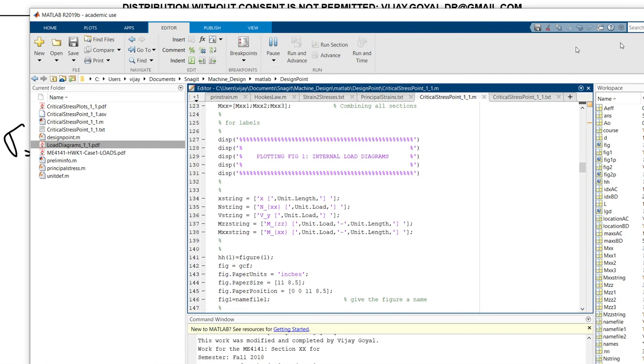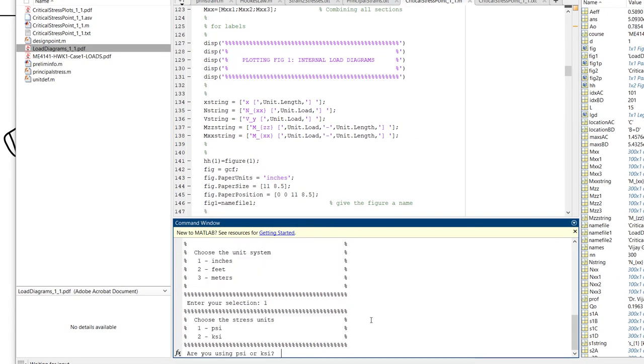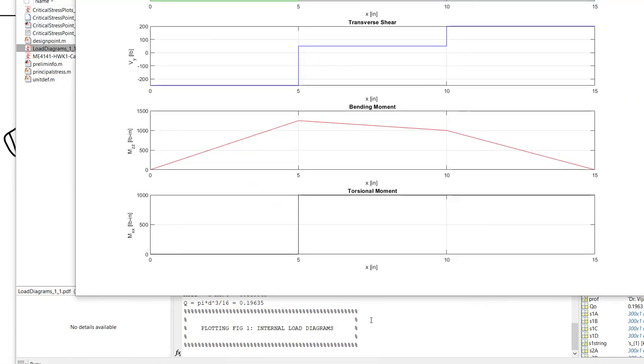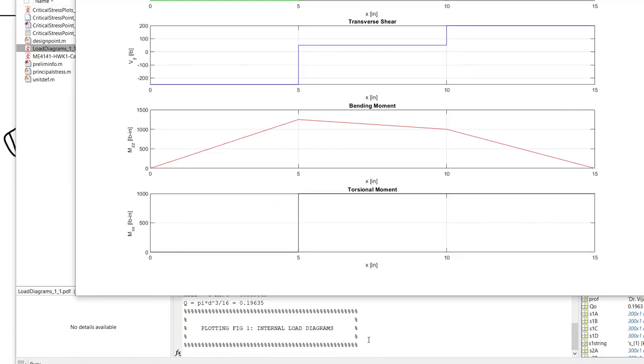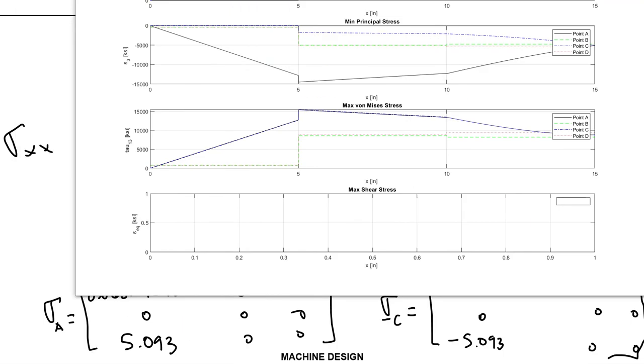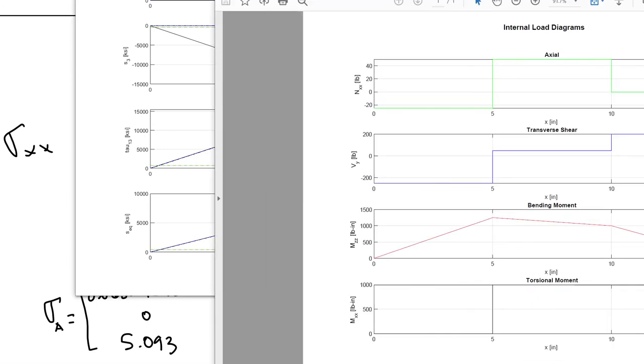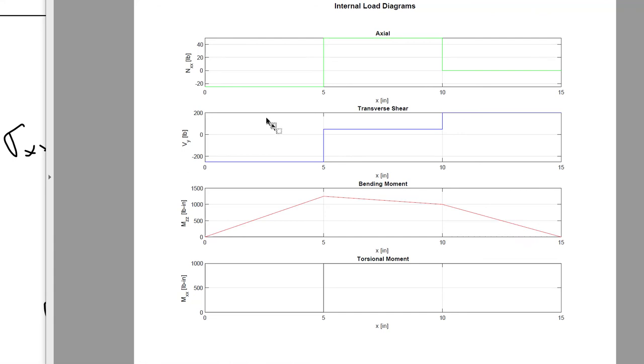Okay, so if you run it, it's going to ask you, as usual, the system of units. Let's say KSI, that's what we are working with. It's kind of neat what the code does. So this is the load diagram that I gave you at the beginning.